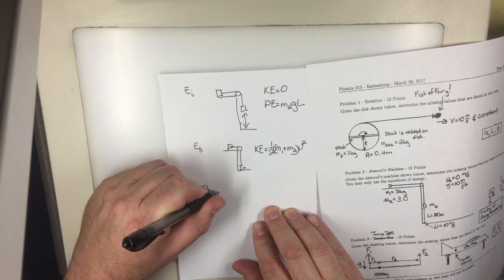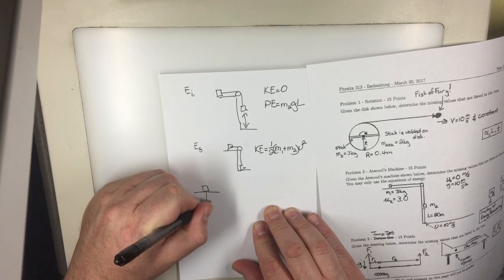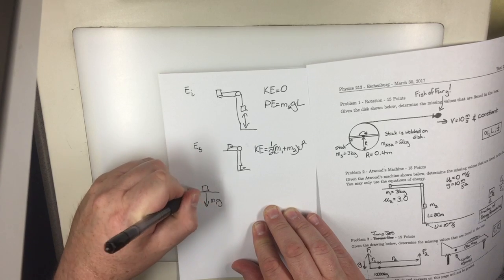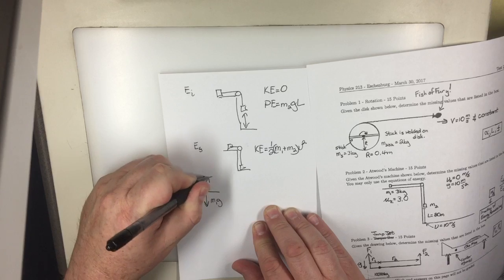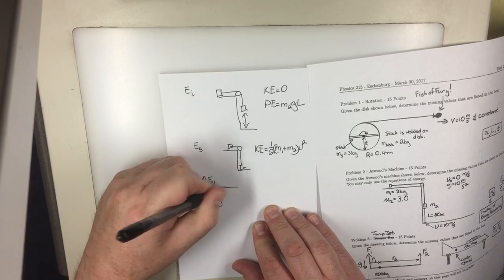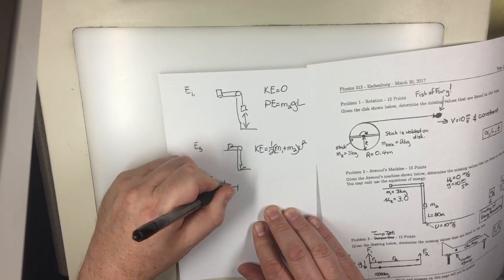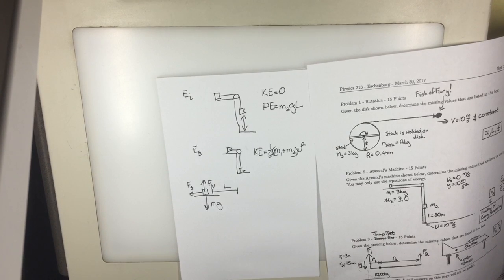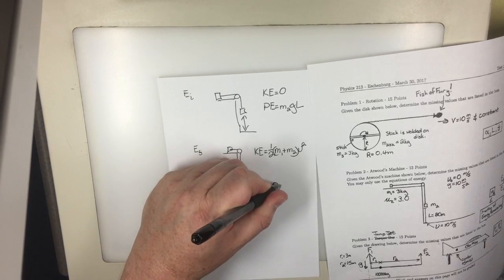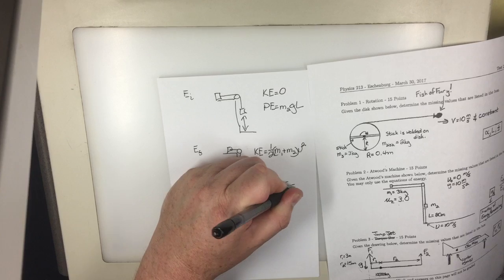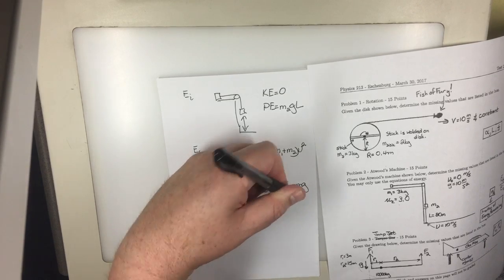The only thing that gums up the works is the fact that there is friction, and it's moved over a distance L. So you have to go through the usual sum of the forces in y equal to 0, which is normal force minus m1g.